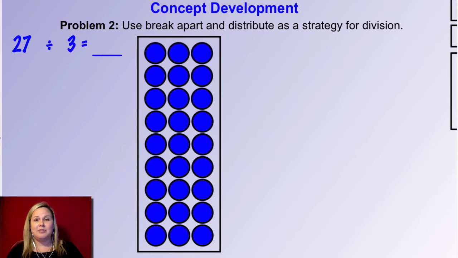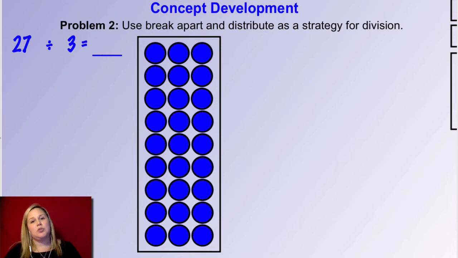What do you think about when we're dividing? Are we breaking up the groups and the rows, or are we breaking up the total? Yeah, we're breaking up the total, okay? The total is the largest number, and that's what you're always going to be breaking apart when you're dividing. You're taking something that has a lot and you're dividing it or splitting it into smaller groups, okay?